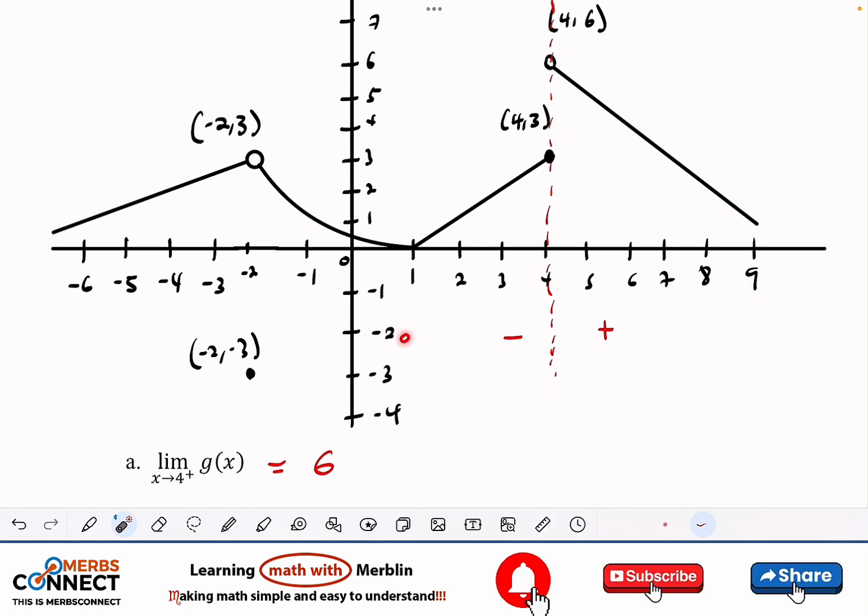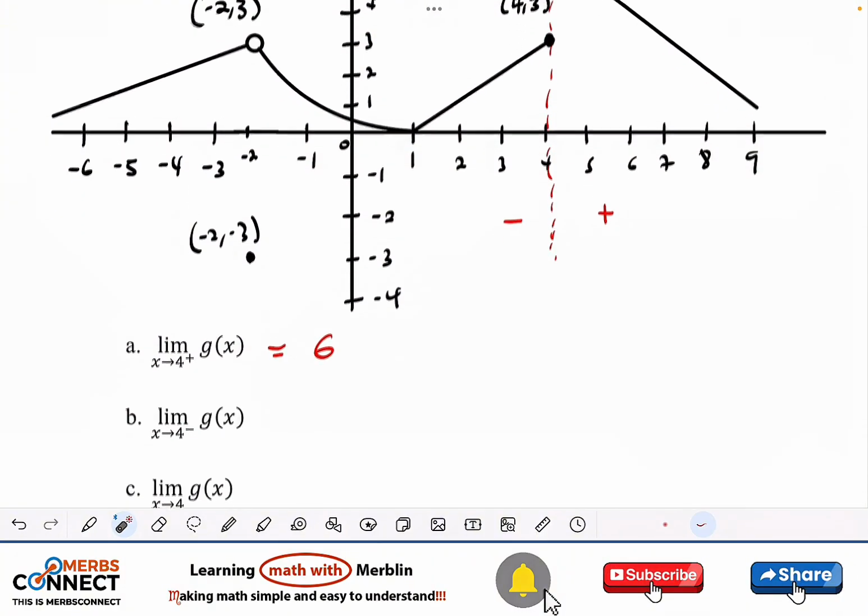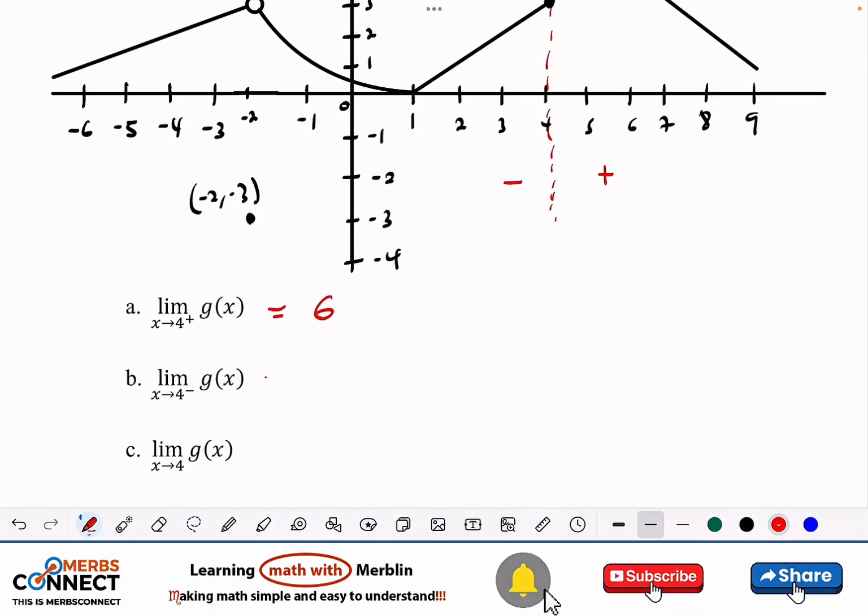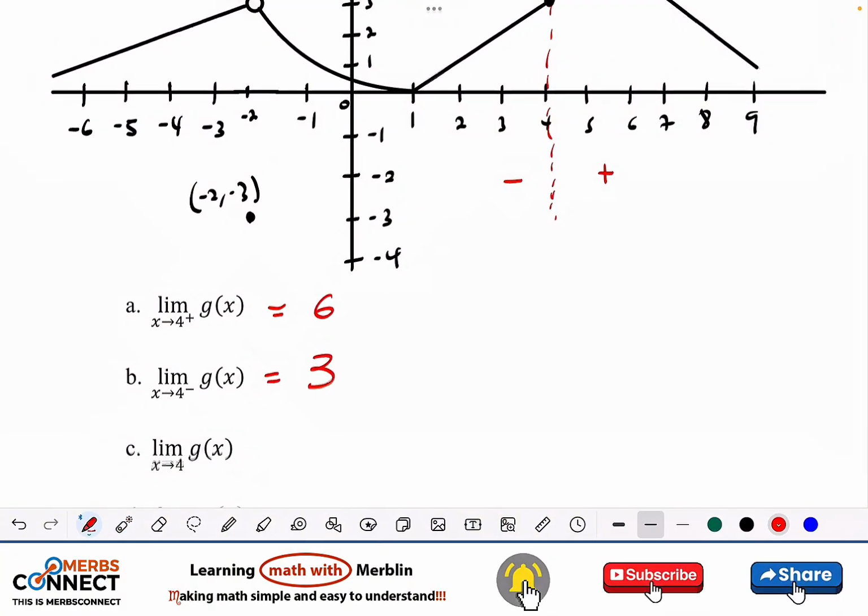Then you move along the graph towards this line here. So this is the graph. So I'm moving along this line towards this line. So I move and I got here. I trace it to the y-axis. This one too is not difficult to see that this is going to give us a 3.